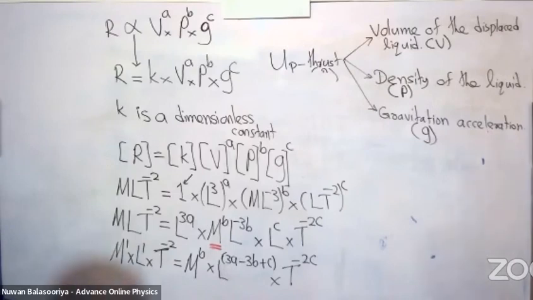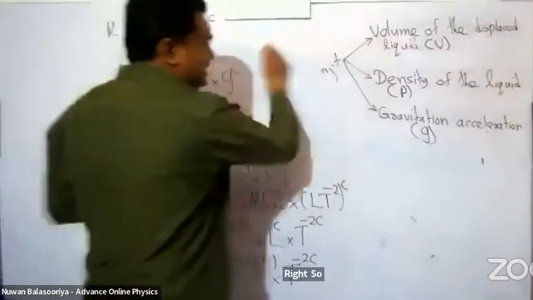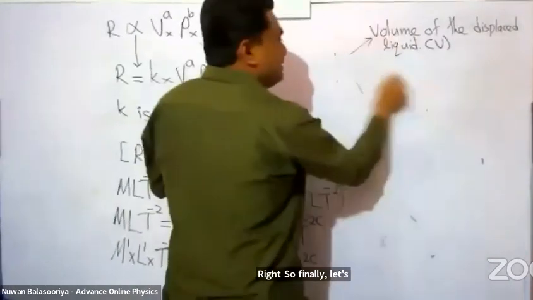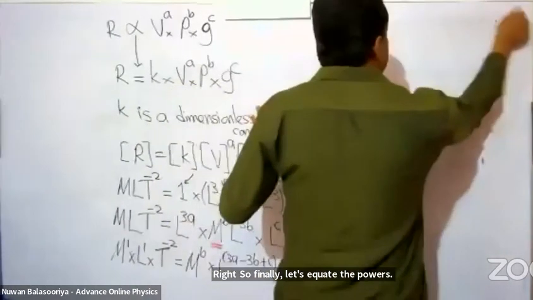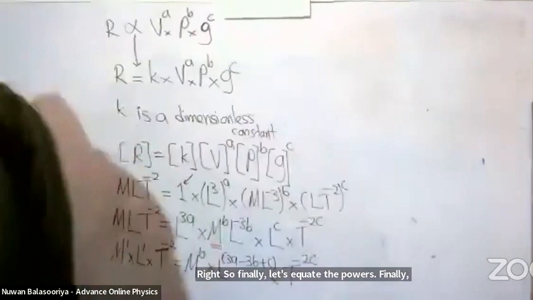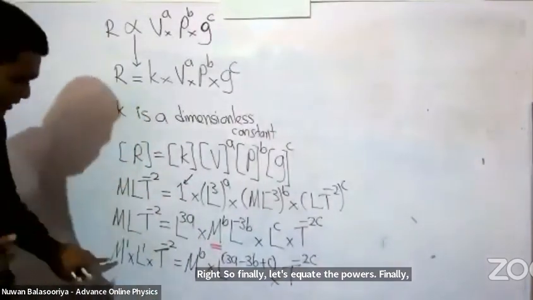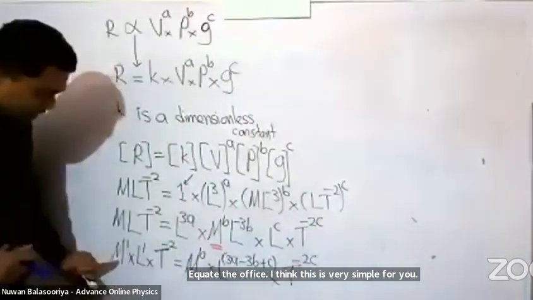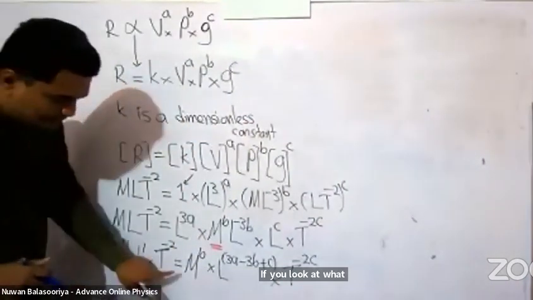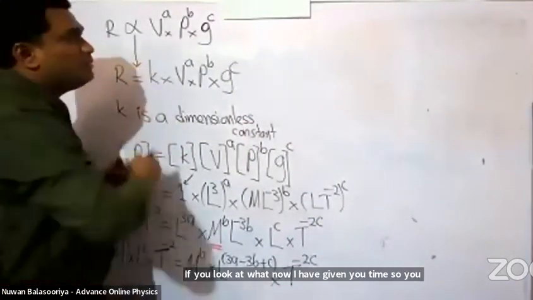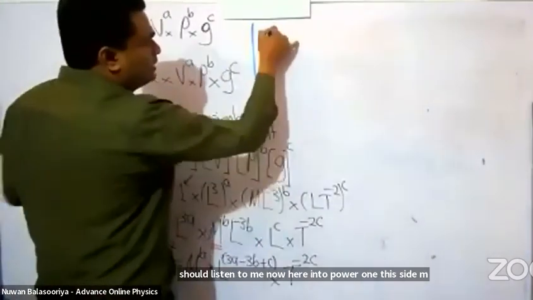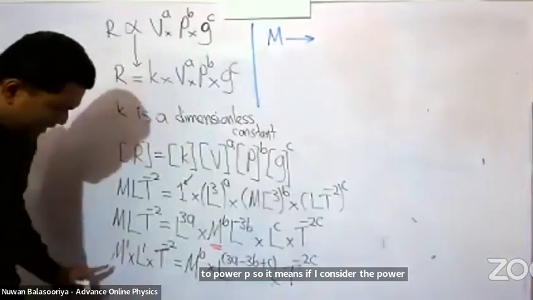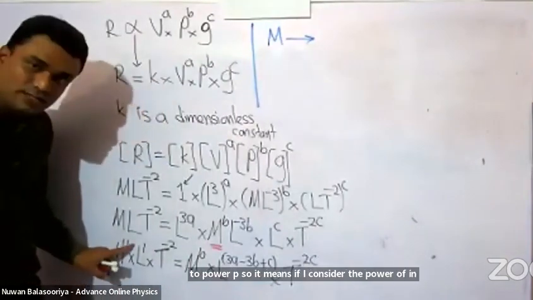Right. So finally, let's equate the powers. I think this is very simple for you. If you look at the board now, I have given you time, so you should listen to me now. Here, M to the power 1, this side M to the power B. On the left hand side the power of M is 1.